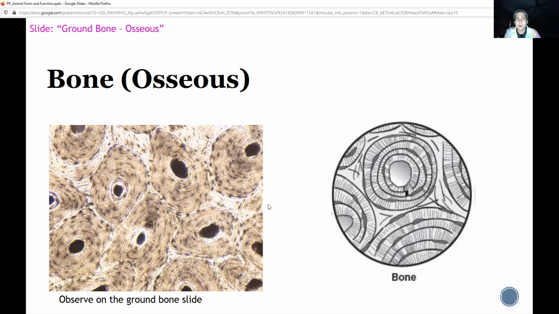MICROTOME. So look up how slides are made with that. And what they do is they take tissue like this bone, they set it in wax, and then they shave it off into razor thin slices, and then they lay those razor thin slices onto a slide and mount them in some sort of liquid media and put a little cover slip on it.